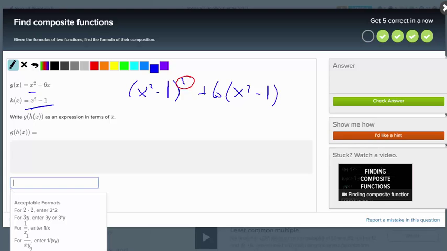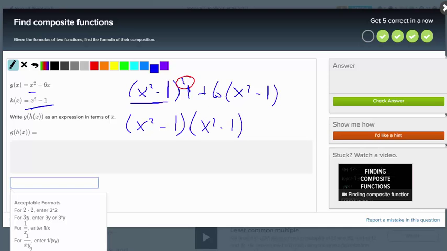Okay, when I have a polynomial raised to a power, I actually have to do this the long way and multiply x squared minus 1 times x squared minus 1.